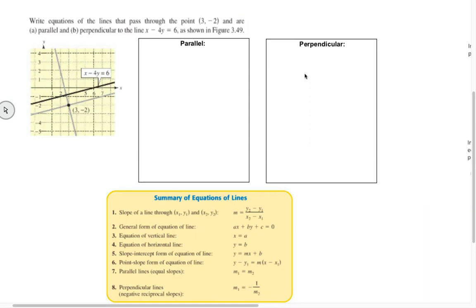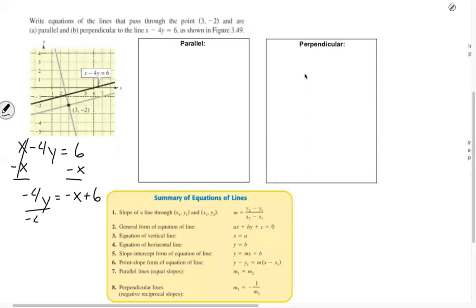But the problem is x minus 4y equals 6. I don't have my slope, do I? Not yet. So what we need to do is write x minus 4y equals 6 and solve for y. So minus x, that gives me -4y equals -x plus 6.